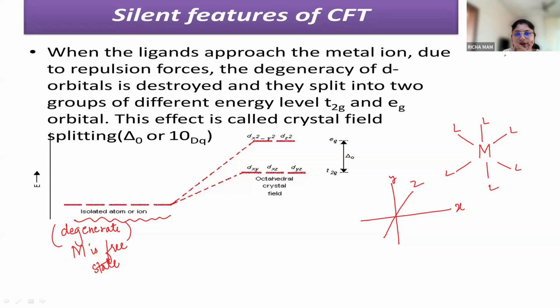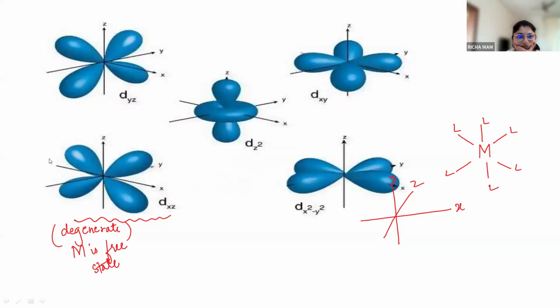Just see the orbitals here. Your dx square minus y square and dz square are on the axis. You can see these are on the axis, and this one is in between the axes.